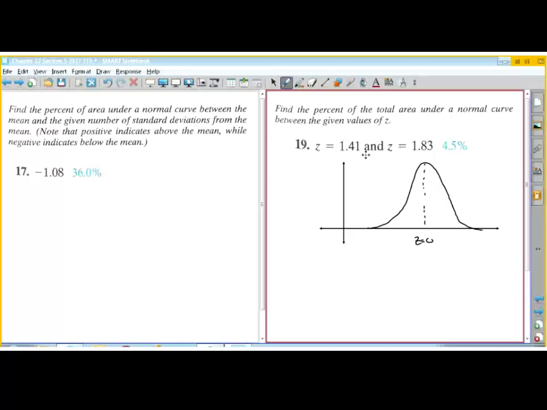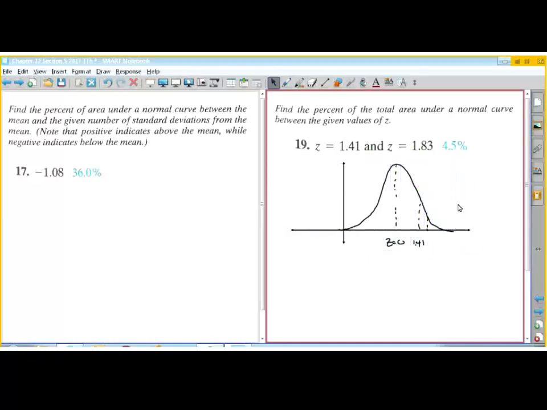So z equals 0 at the mean value, and therefore these two are both on the right-hand side. This is 1.41, and I should actually have this thing centered around the origin.